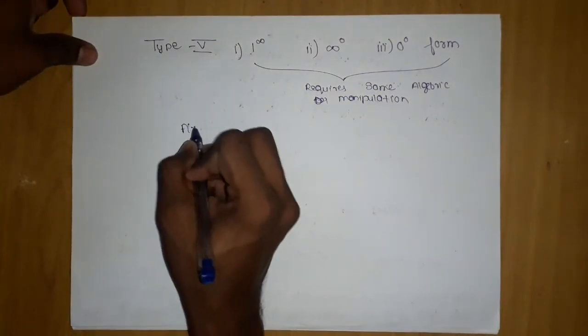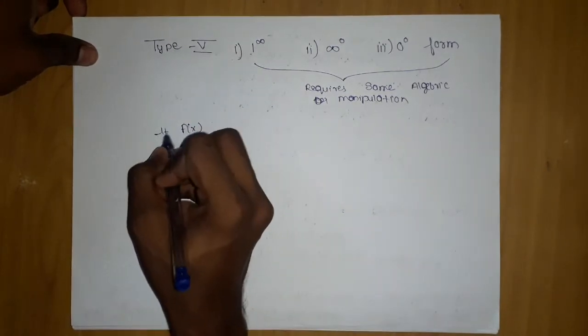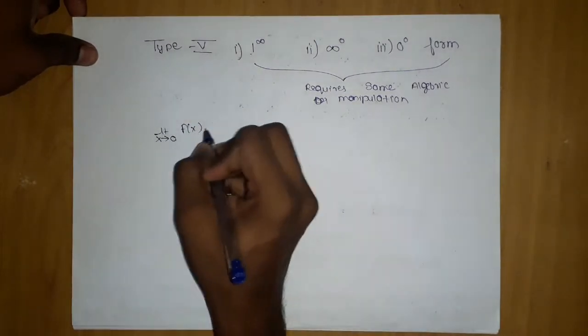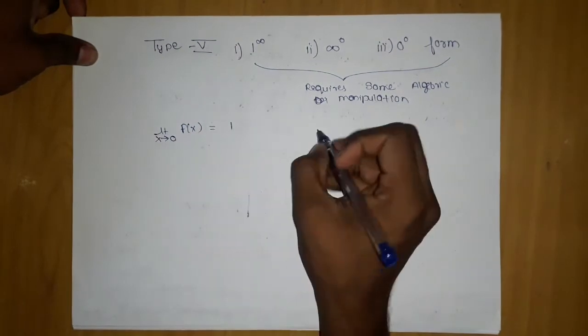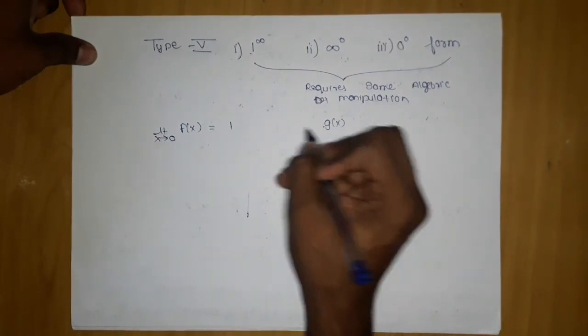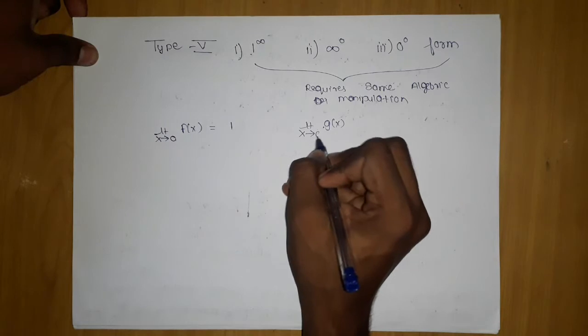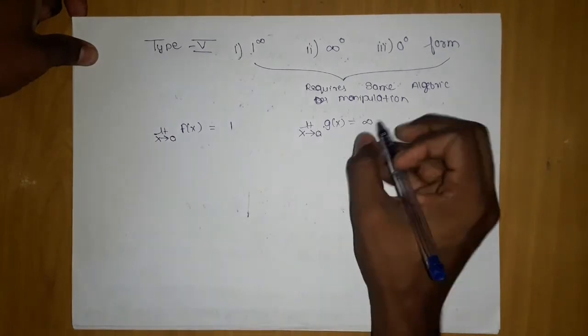Suppose I have a function f of x, and limit x tends to a, and suppose if I substitute I get 1, and I have a function g of x where limit x tends to a gives me infinity.